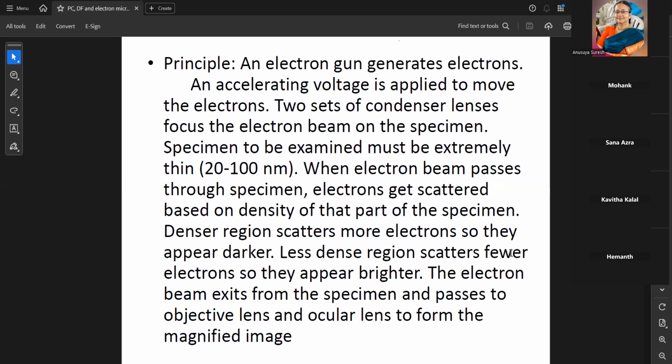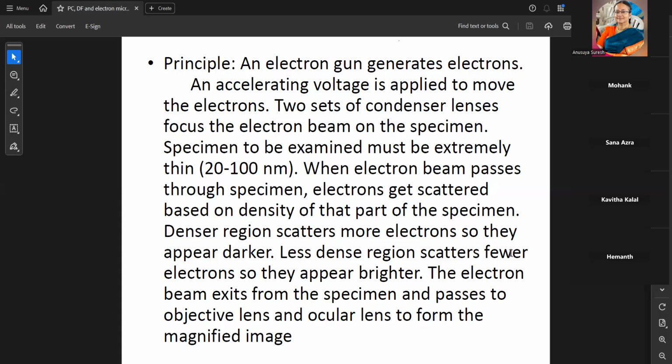If there is a part of the specimen, part of the cell, where there is less density, then the scattering of electrons is less in that area. So that area appears very bright. So this is what appears in the image. The electrons have been generated. They are accelerating and passing through the specimen.